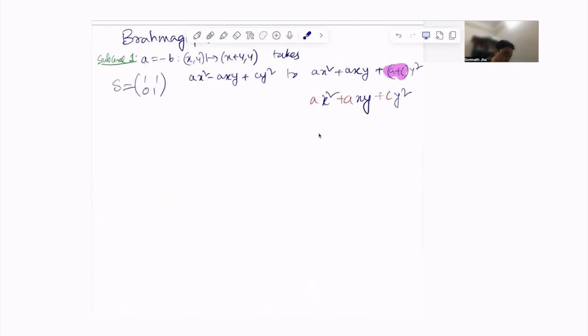That is not correct, because this will take ax square minus axy plus cy square to ax square plus axy plus cy square. Indeed, that is what we wanted to do.